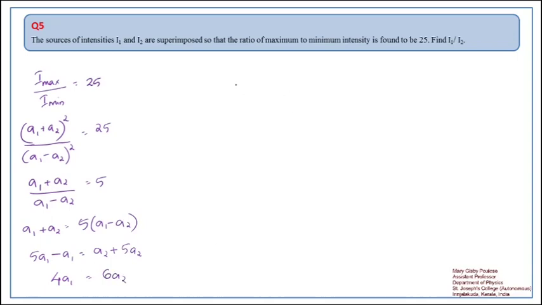That implies a1 by a2 is equal to 6 by 4, that is 3 by 2. We need to find I1 by I2. That is I1 by I2 is given by a1 square by a2 square. That is 3 square by 2 square, that's 9 divided by 4.